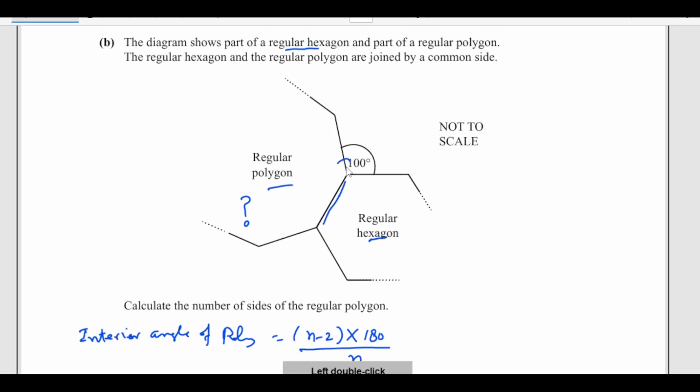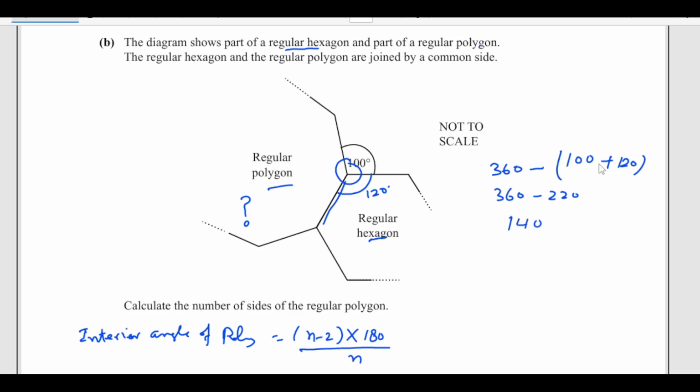The total is 360, so 360 minus 100, this angle is given to us as 100, and the regular hexagon angle is going to be 120, 6 sides there. So plus 120, so this is 360 minus 220, and we got 140 degrees, right.